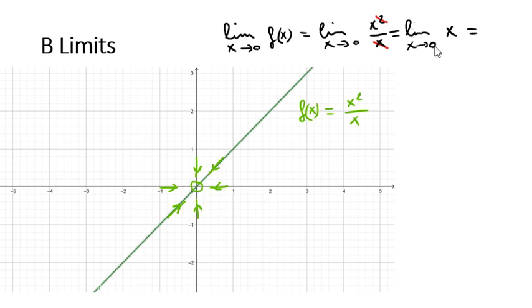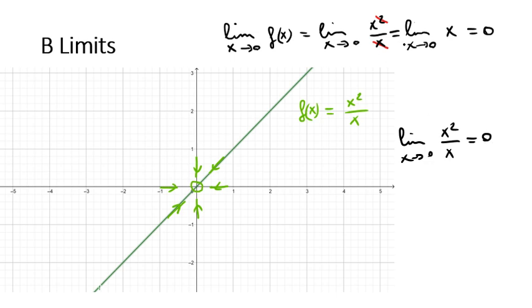And that is also the case here, because when you replace x by 0, that is equal to 0. So when we look at it graphically, we see that when x approaches 0, f of x approaches 0 as well. So we see graphically that it's equal to 0.